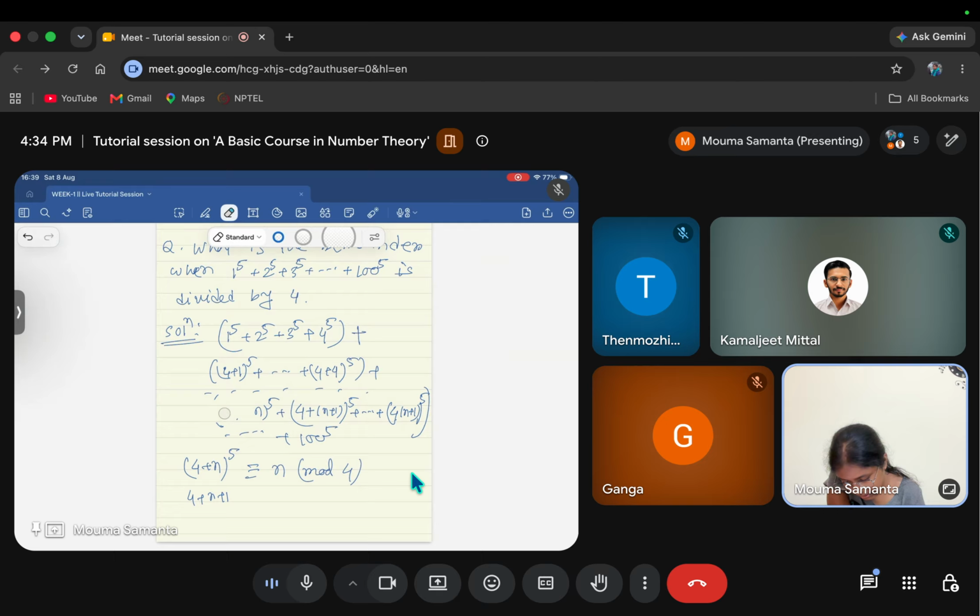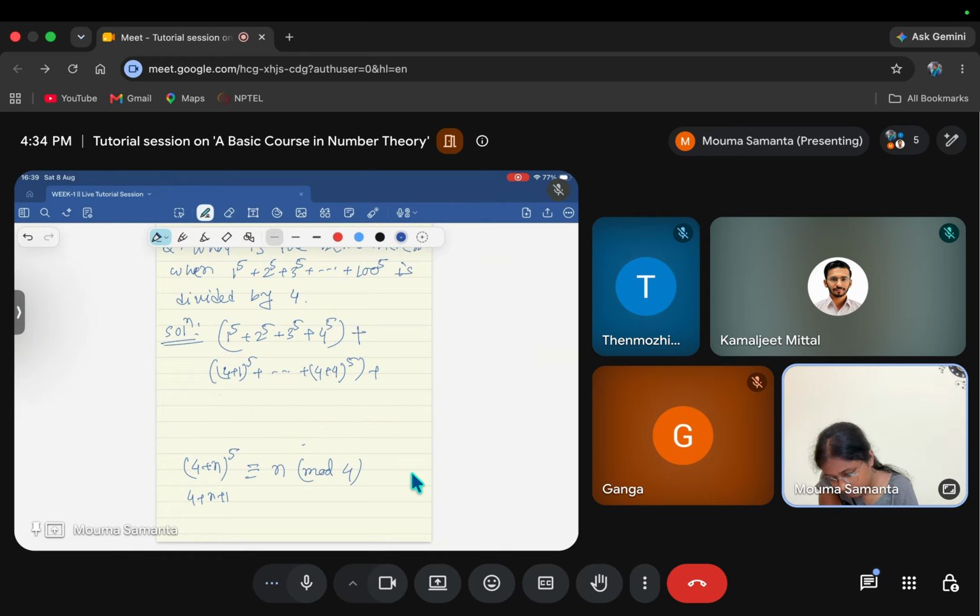What we should write here is that the nth row is 4n plus 1 whole power 5 plus 4n plus 2 whole power 5 plus 4n plus 3 whole power 5 plus 4 into n plus 1 whole power 5.